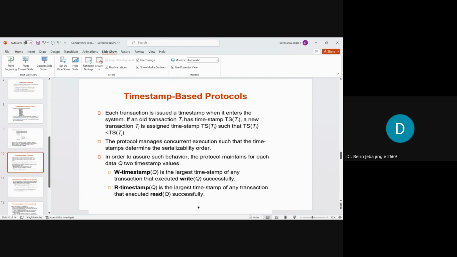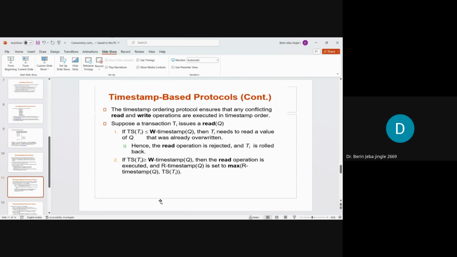Next, we go for timestamp based protocols. The transaction depends on two timestamp values, the write timestamp value and the read timestamp value. When we perform a read operation, if the timestamp of the transaction is less than the write timestamp value, then the read operation cannot be performed.